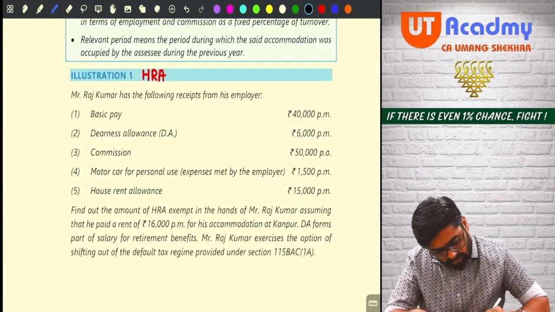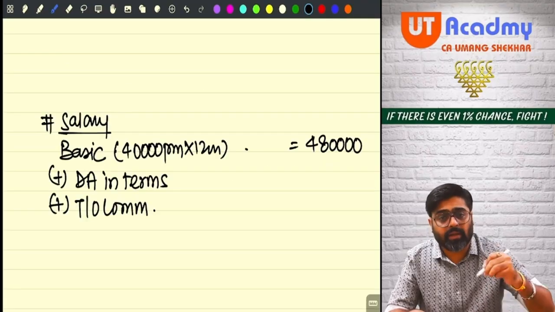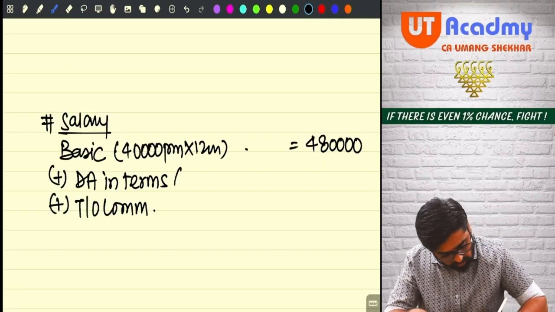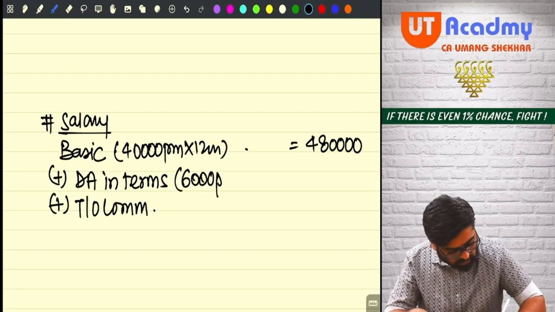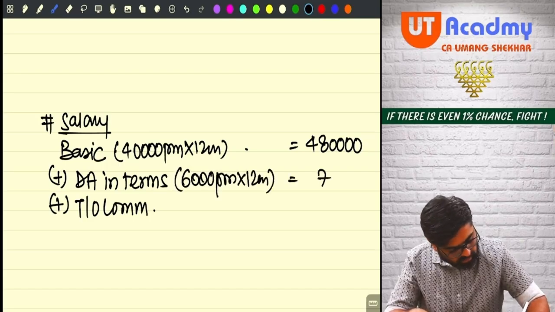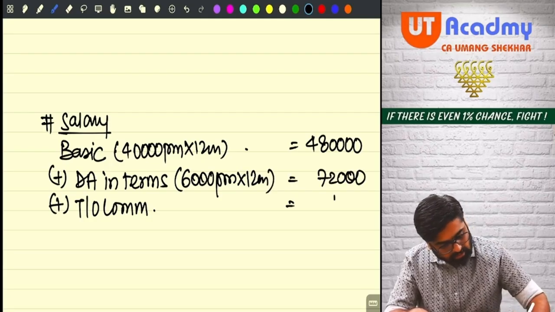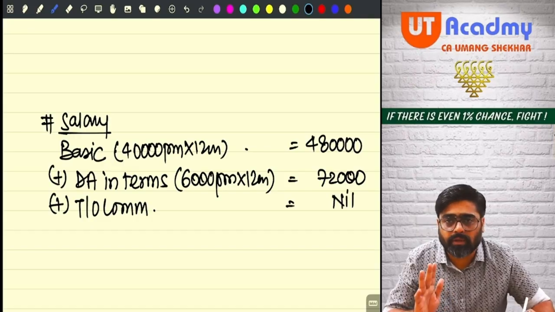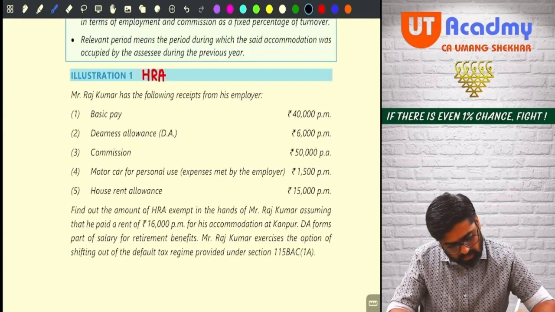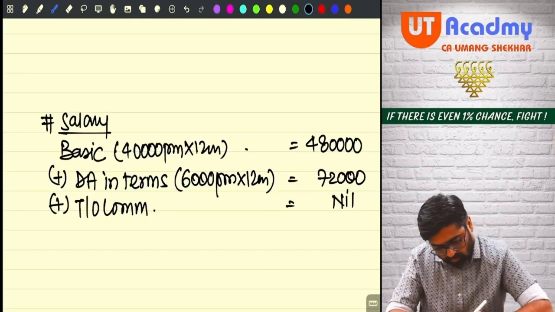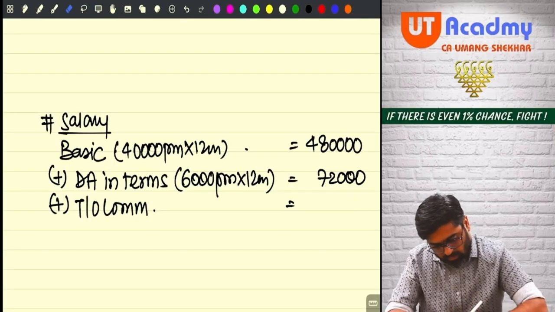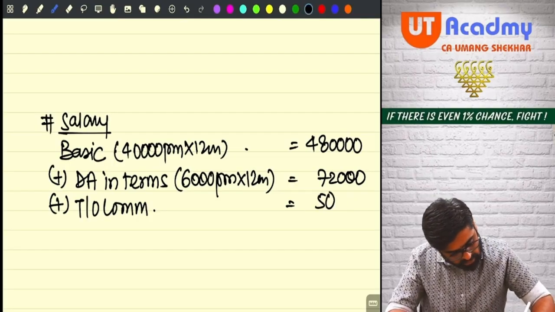How much is the DA? DA is 6,000 and they are saying that this is DA in terms. So 6,000 per month into 12 months will give me 72,000. Any turnover commission given in the question? No. Commission they have given, yes, 50,000 per annum.